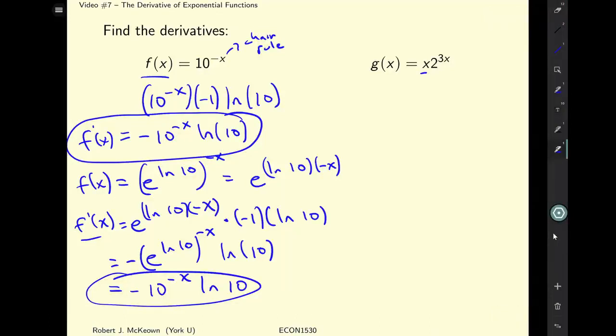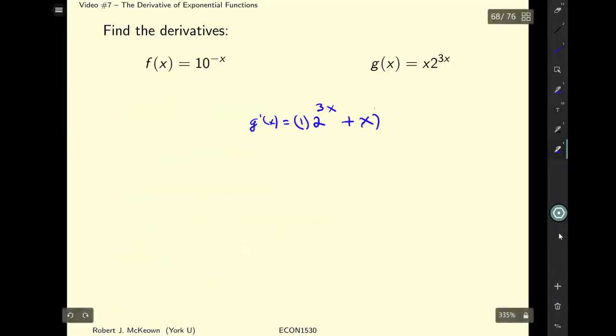That's easy, it's just 1, times 2^(3x), plus, so there's the first product. Then straight away I just rewrite the exponential function itself. I can write the log of its base right away too, so log 2.